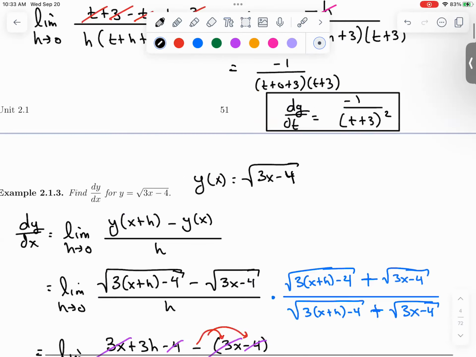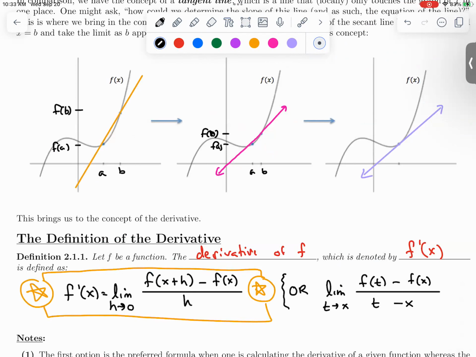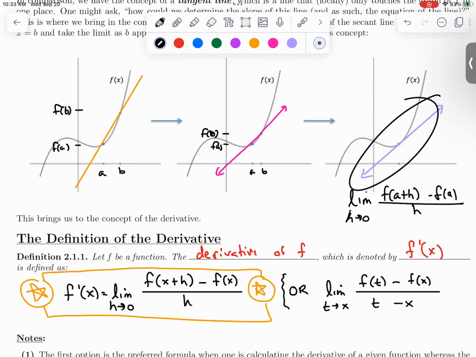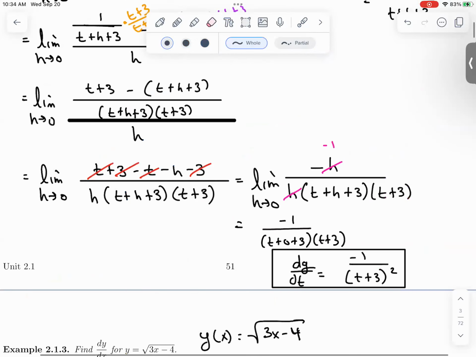If we go back to that picture we had up here, if I were to compute the limit as h approaches 0 of f of a plus h minus f of a divided by h, that would give me the slope of this line, because it's taking the secant lines. This essentially is the secant line that I'm making get infinitely closer and closer together. And so when you plug in a specific value into the derivative, you get the slope of a line tangent to the curve at that value.